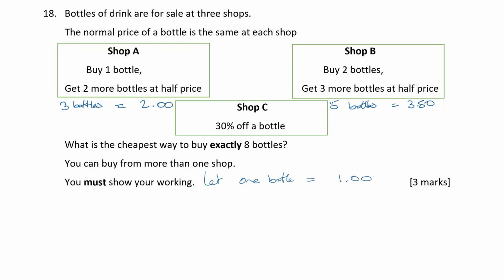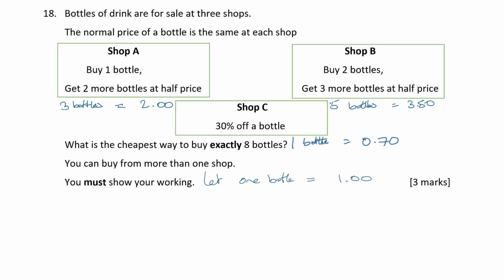Shop C is 30% off a bottle, so 1 bottle is going to be 70p, or math cents, whatever the unit is.